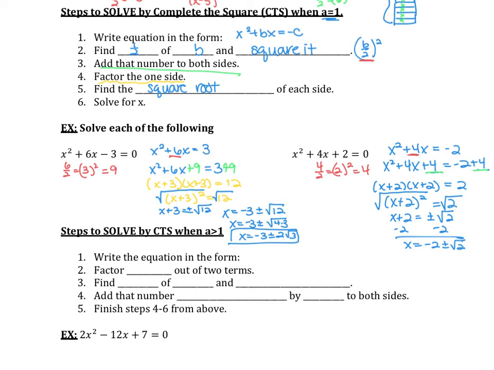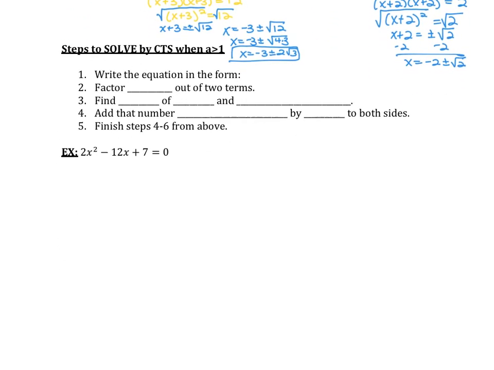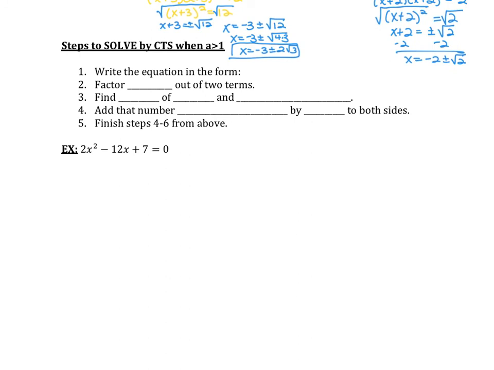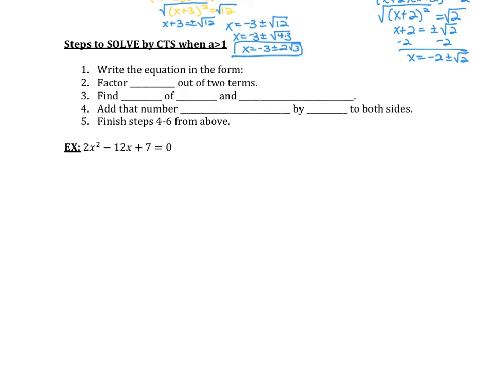Okay, so the process is going to be a little bit different when we solve by completing the square when a is greater than 1. In that case, the equation is still going to be in the form of ax squared plus bx equals negative c. The difference is we have an a value now. So what we're going to do is factor the a out of the first two terms, ax squared and the bx.